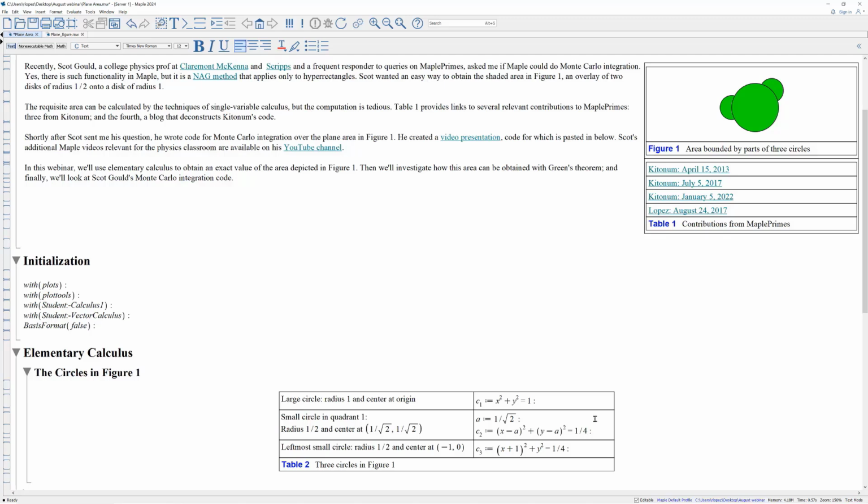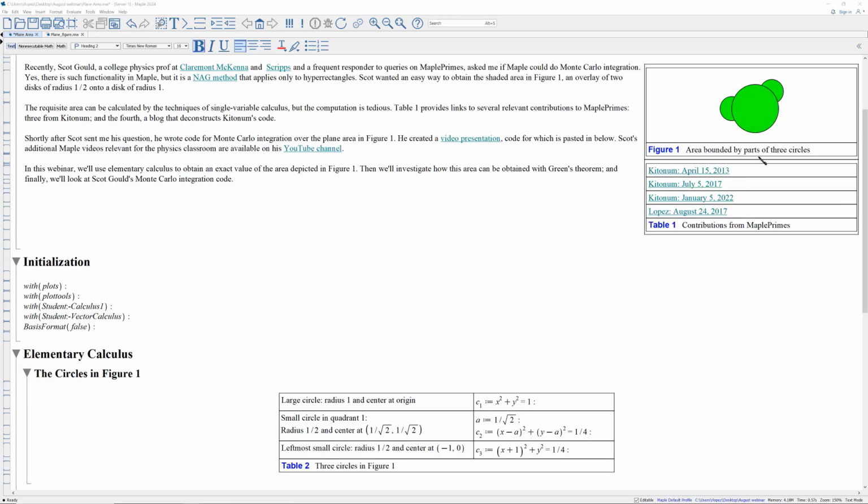So this is the circle on the upper right, and this is the leftmost circle, just represented in Cartesian coordinates. Next, I zoomed in on this section of the figure, and I also realized these two handles were similar. So I looked at just the leftmost handle.